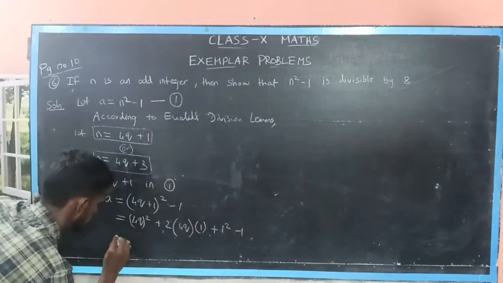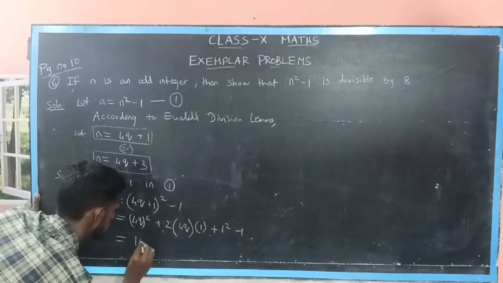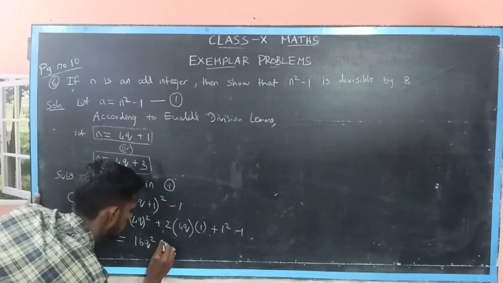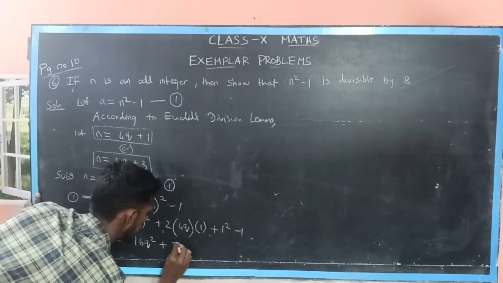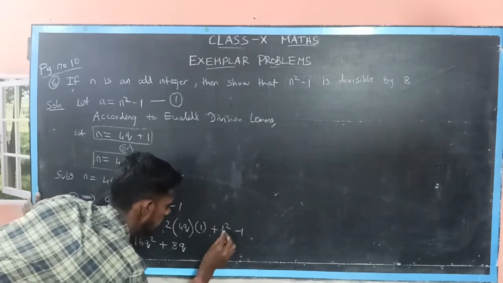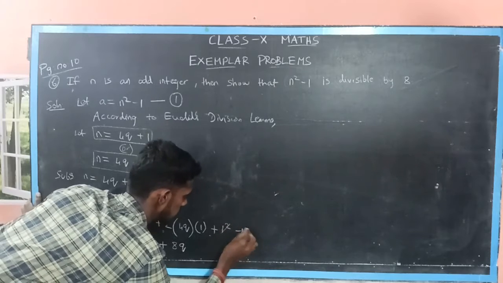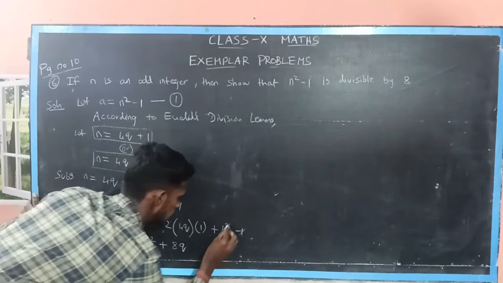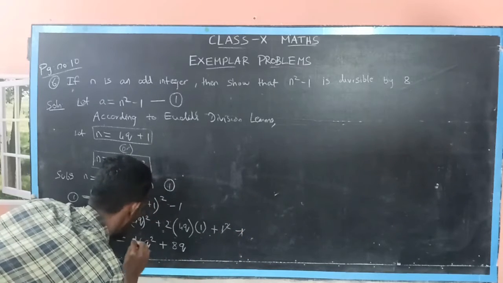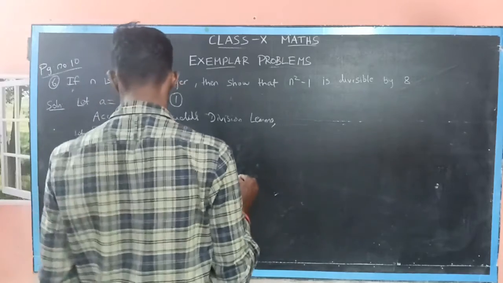Okay. So this will become 16q square plus 8q plus 1 square minus 1. So this will become cancelled. I am getting 16q square plus 8q.